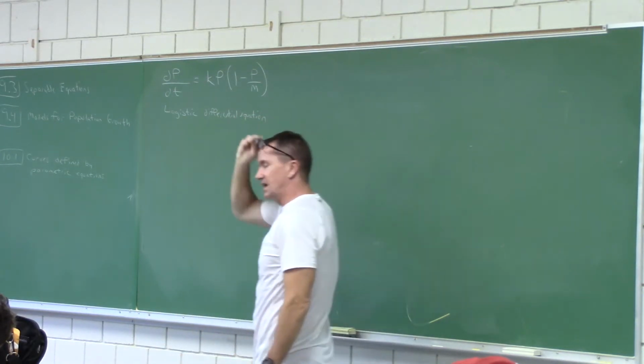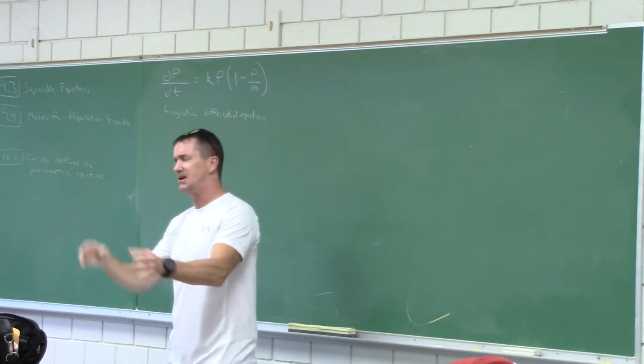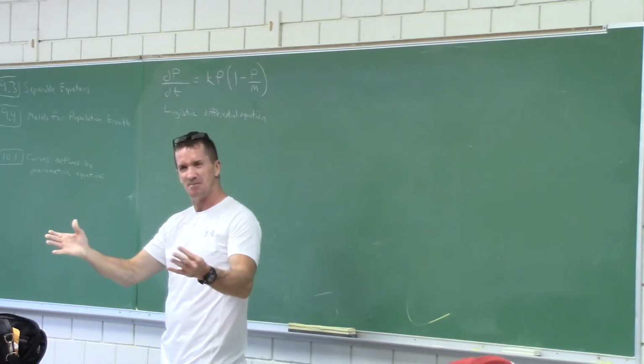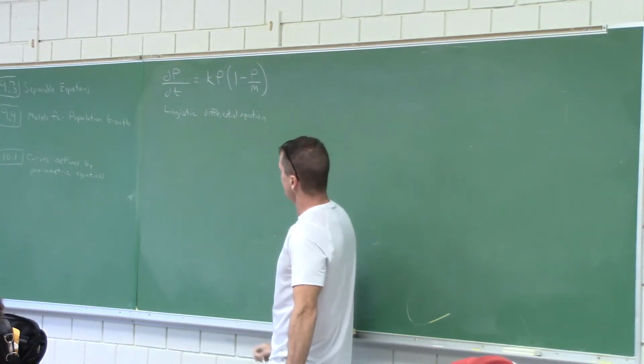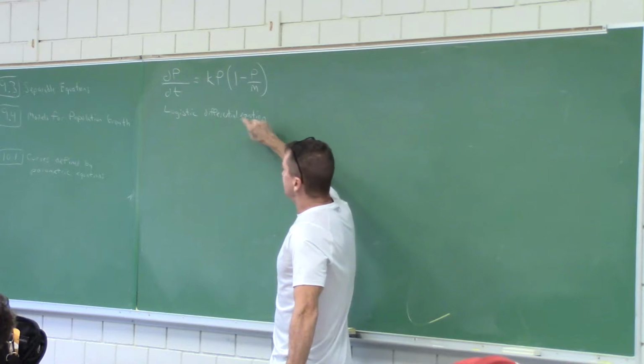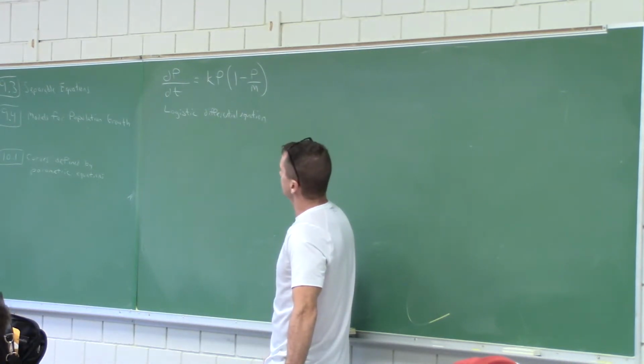Now you know why I assigned that one problem in section 9.1 when I asked, can you tell me when the population was increasing and decreasing? Do you remember that problem? It's something very similar to this. We can figure out, at some point, the dP/dt actually can become negative with this type of relationship. So this is a logistic differential equation.